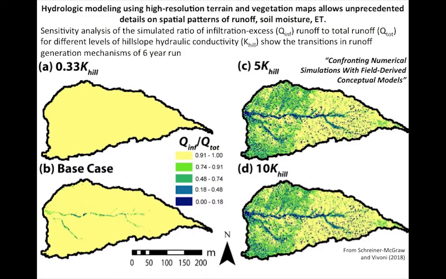Here's another one. Sorry that little thing's in the way. It says hydrologic modeling using high resolution terrain and vegetation maps allows unprecedented detail on spatial patterns of runoff, soil moisture, and evapotranspiration. This is from the person next door to me in our building at ASU, Enrique Vivoni, and his student Adam Schreiner-McGraw. They used high resolution topography and imagery for this experimental catchment in southern New Mexico.